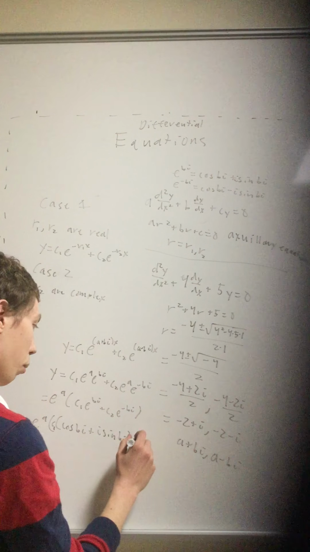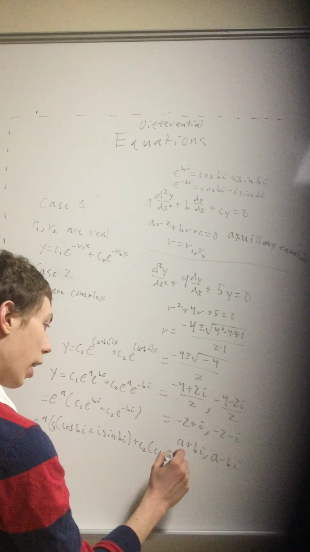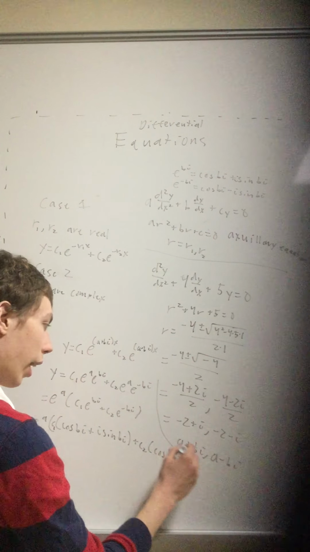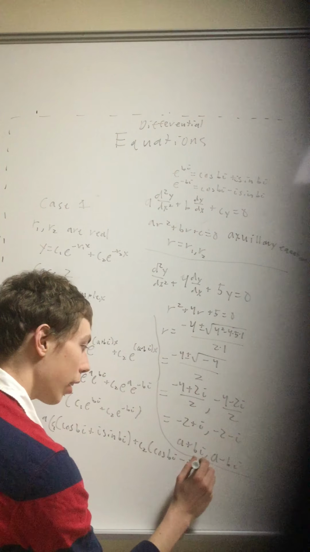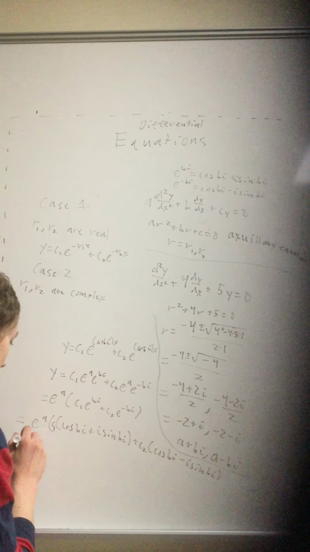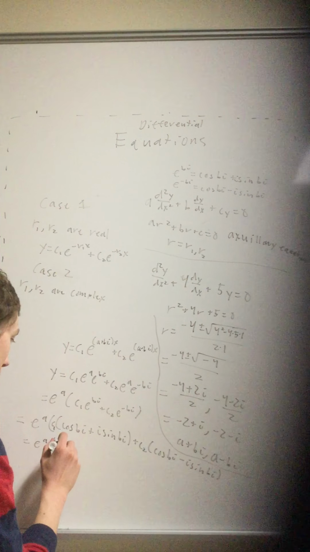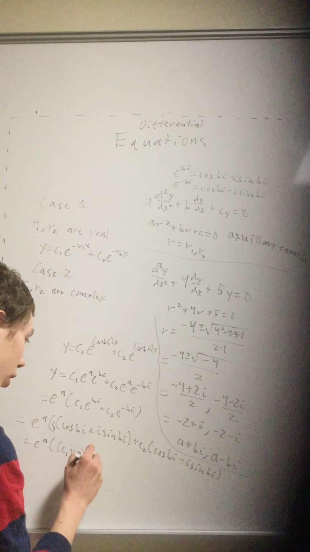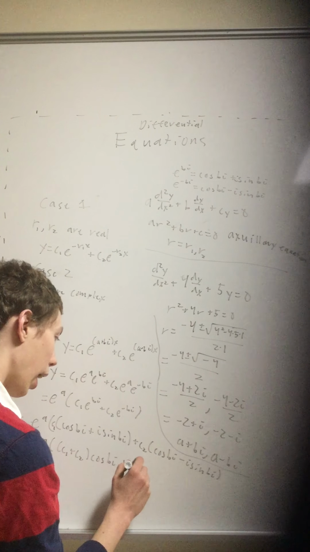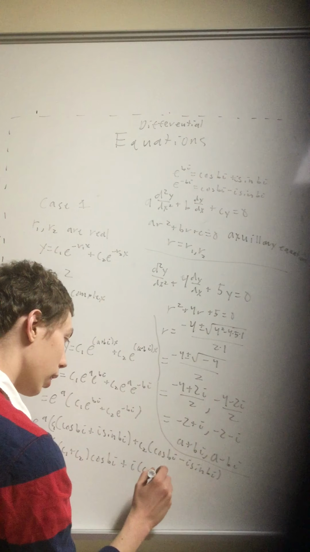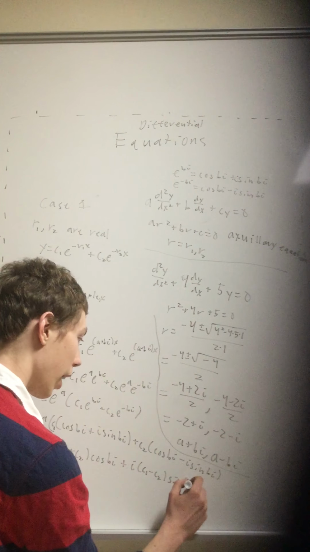c1 plus c2 cosine bi, minus i sine of bi, which is equal to e to the a times, bring these things together, it's c1 plus c2 cosine of bi plus i times c1 minus c2 sine bi.